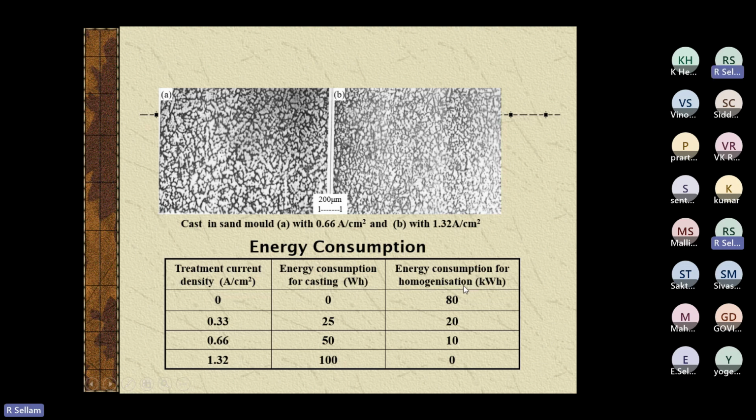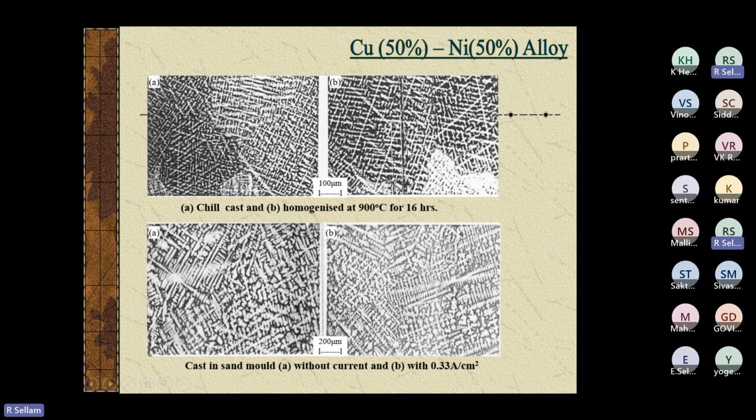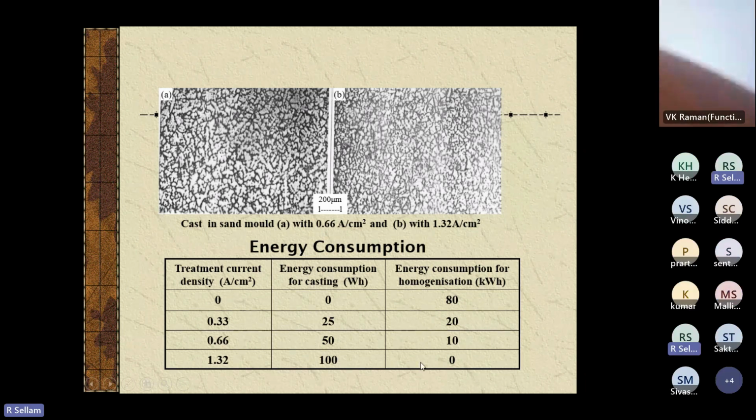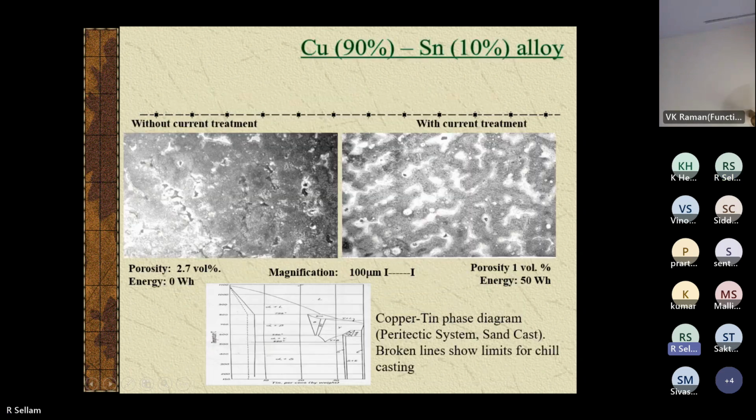For the 16-hour homogenization treatment, they consume around 80 kilowatt hours of energy. But here we can reduce the energy consumption further, and ultimately at this level you do not need any homogenization treatment. So we can reduce energy cost as well as time. Both can be done.